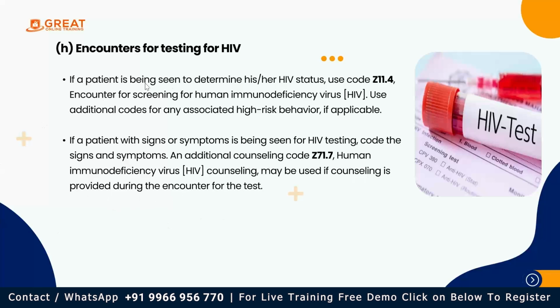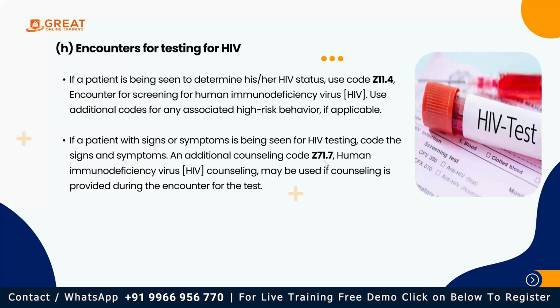So if the patient is seen to determine HIV status, we use Z11.4. But if a patient already has signs and symptoms of HIV and comes for HIV testing, we use the additional counseling code if counseling is provided.